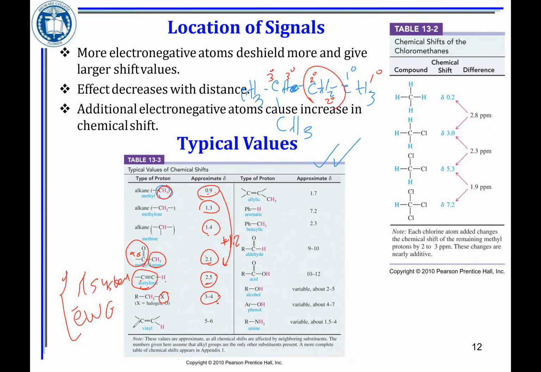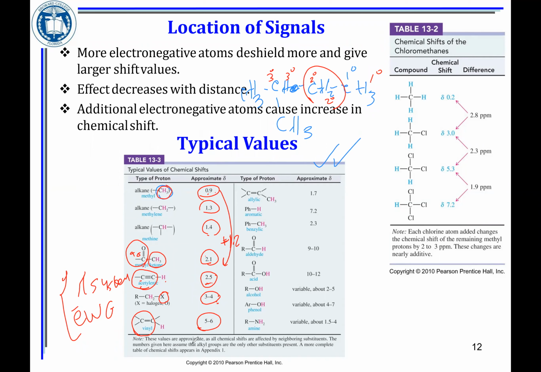What do you have down here, an electron withdrawing group or the pi system? For vinyl hydrogen, it is the pi system. And if it's a vinyl hydrogen, it is going to show a peak between 5 and 6.